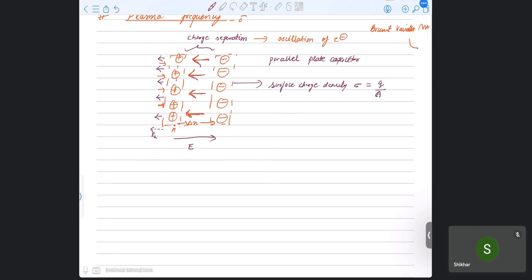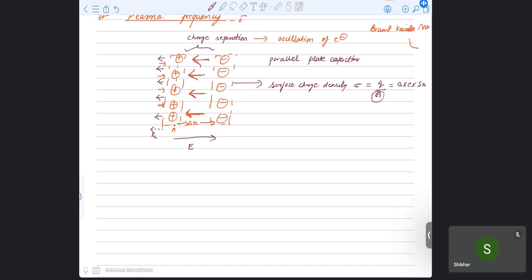Now this Q is what? Total charge. The total charge will be the charge density, that is per unit volume, times the charge per unit, that is e value, and delta x will also come, because per unit volume, so volume times length will give you area.